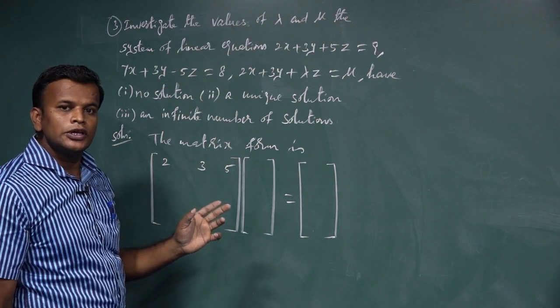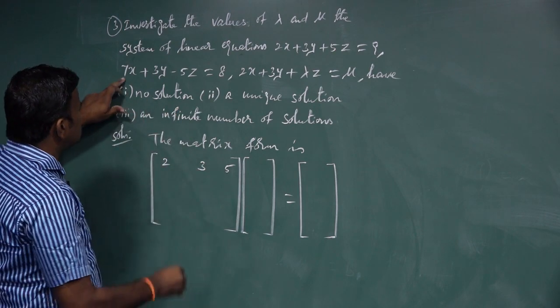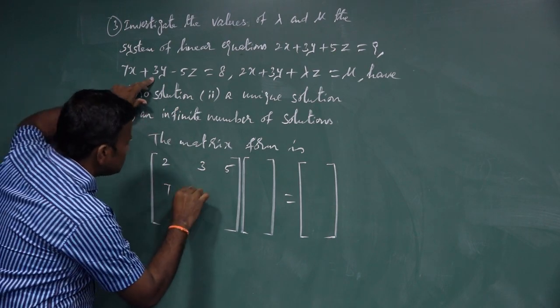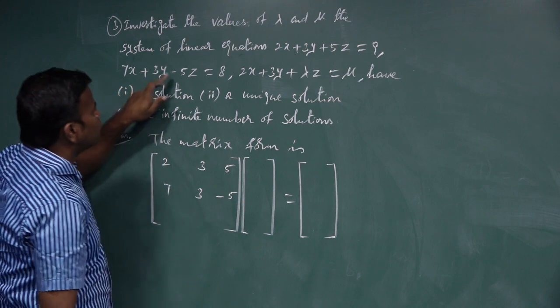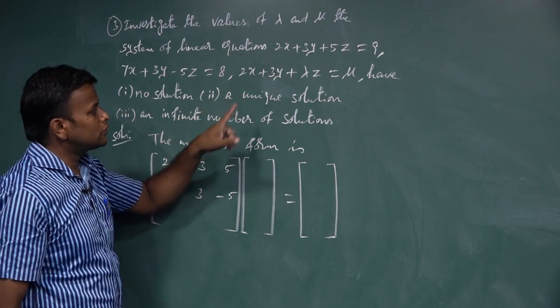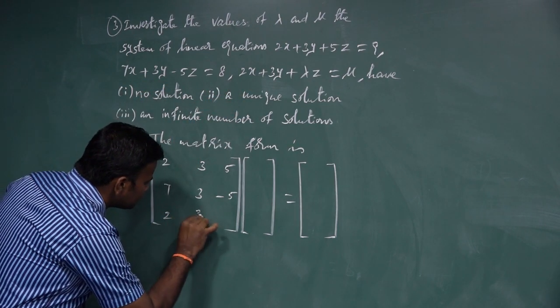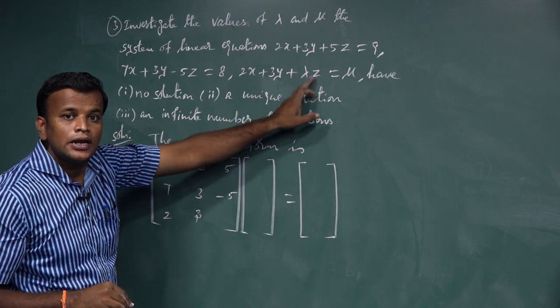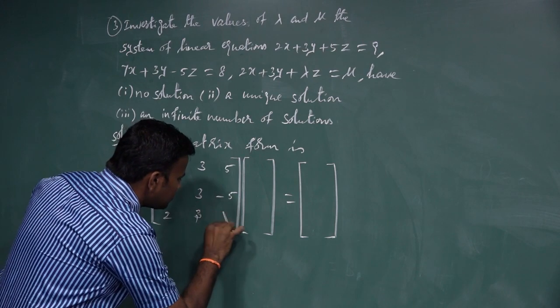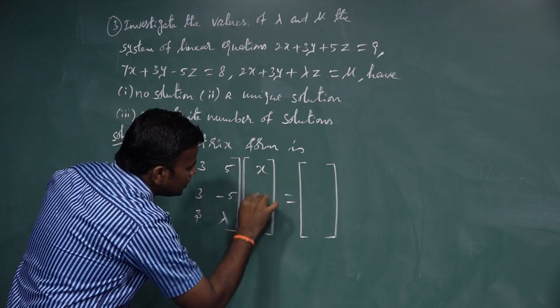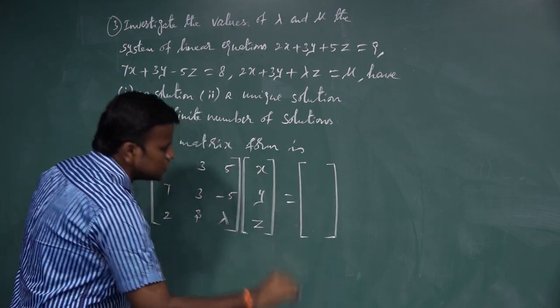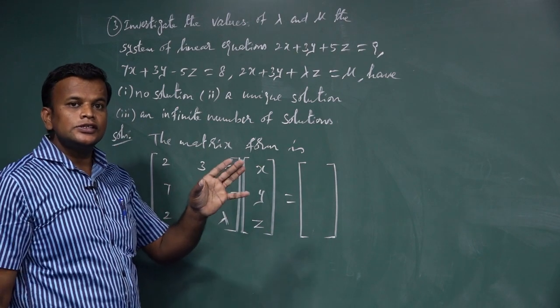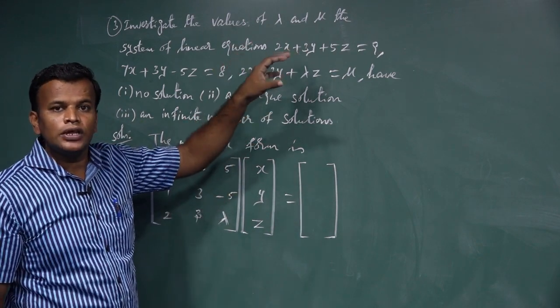Second row, coefficients of x, y, z in the second equation: 7, 3, minus 5. Third equation: 2, 3, and the coefficient of z is lambda. And here the variables x, y, and z. RHS is the constants in the given system of equations.